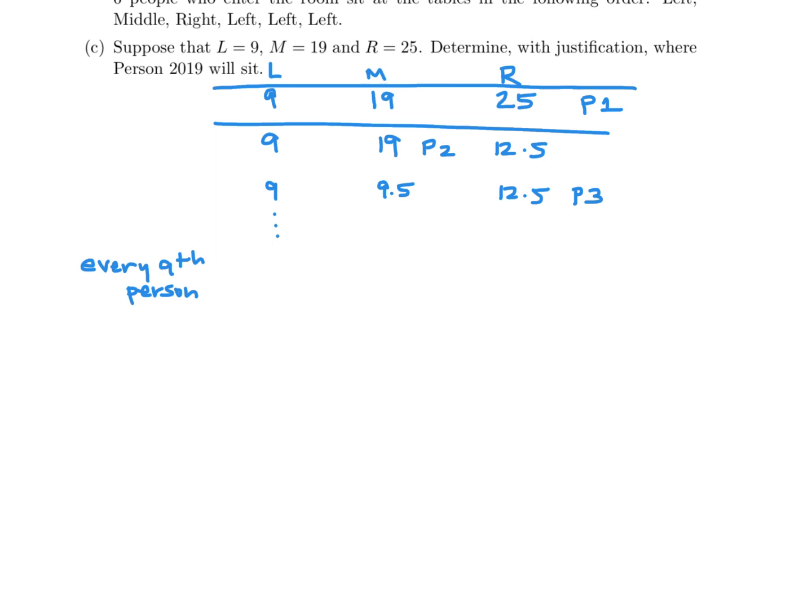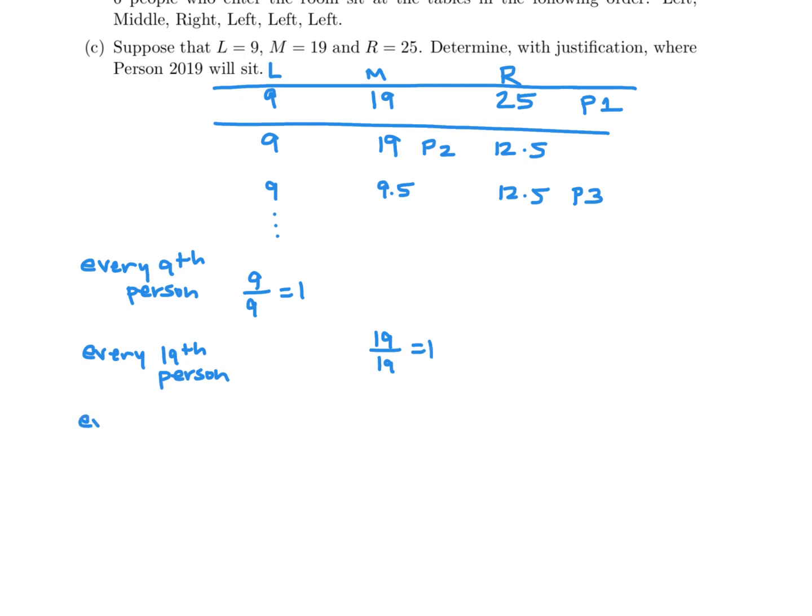But every 9th person we are going to have this column be a 9 over 9, which is a 1. And then every 19th person this column will be a 19 over 19, which is a 1.